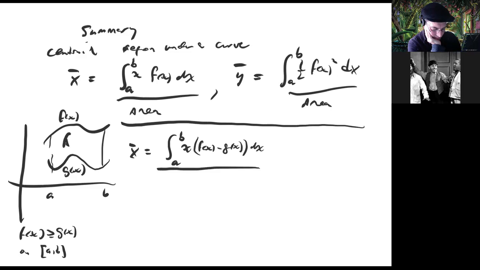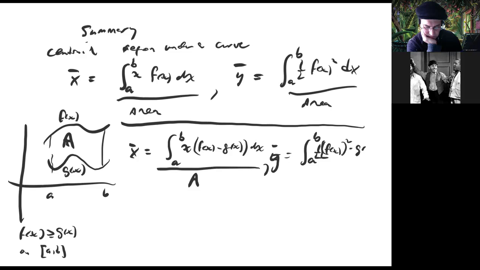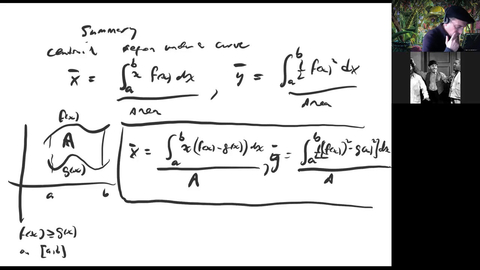Let's call the area A. And similarly, y bar is given by the integral from a to b of 1/2 f of x squared minus g of x squared dx over the area. Okay, that's the last formula, and that's the most general formula. So I'm going to save the slide, and I'm going to do one example.